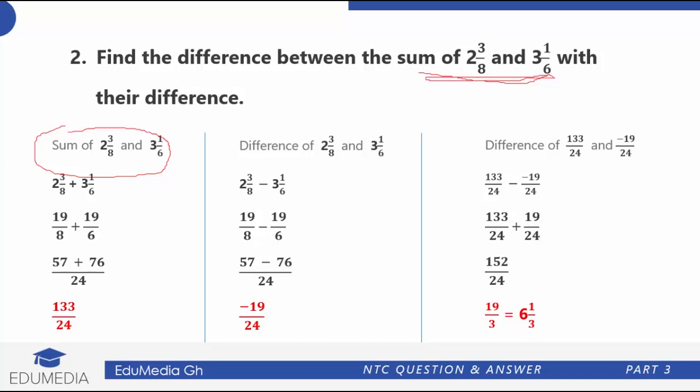So 8 into 24, whatever we get times 19 will give us the 57, and also 6 into 24 times whatever we get times 19 will give us the 76. So 57 plus 76 will give us 133 here.